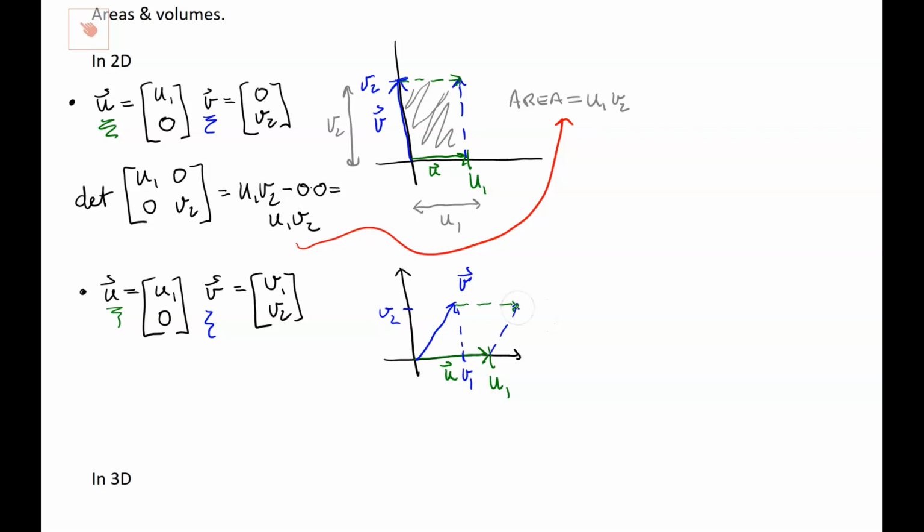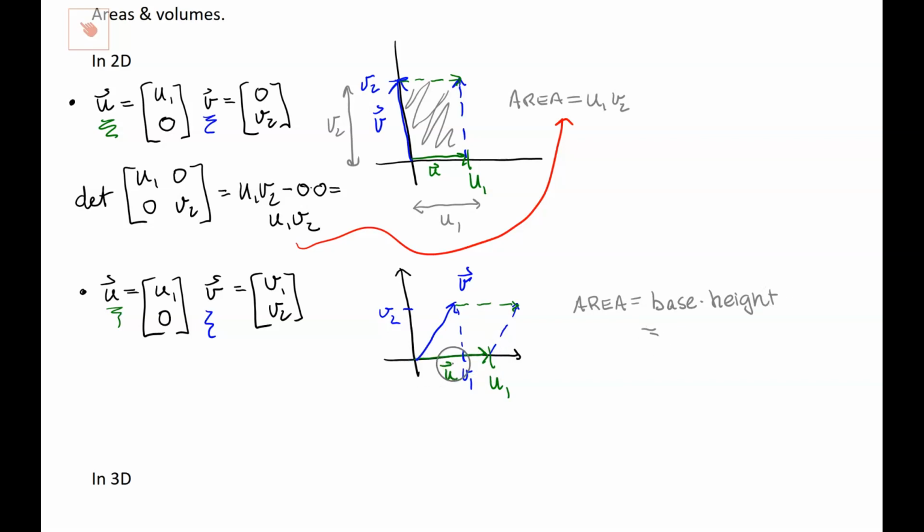Now this is what my parallelogram looks like, and if I want to find the area of the parallelogram, you may remember back from Algebra 2, trig, or something back then, maybe even from when you were younger, that this area is equal to the base times the height of the parallelogram, and in this case it's easy to read that off.